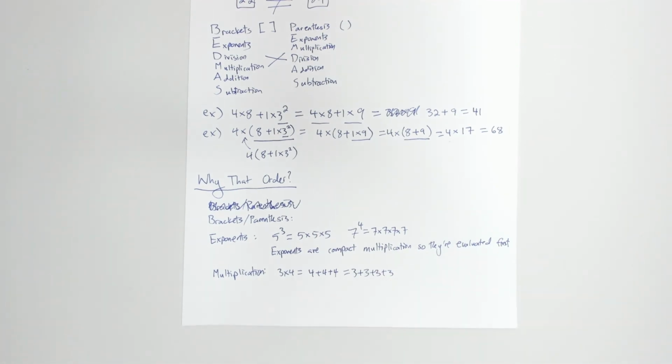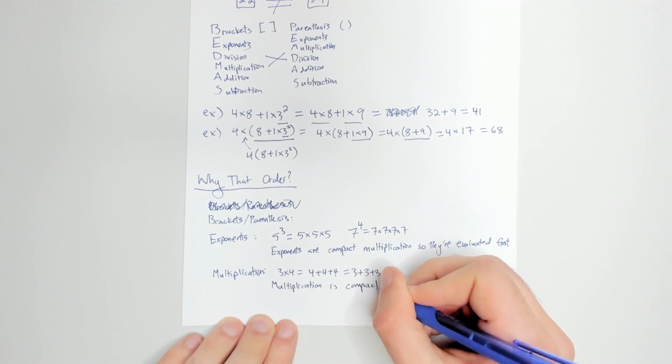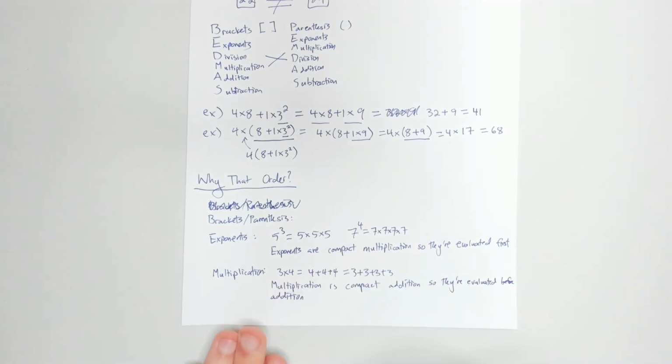But inside of multiplication, we get essentially a compact addition statement. So because of that, it makes sense to evaluate the multiplication first because that's doing a more complicated addition statement and then afterwards going back and evaluating all the simpler additions. So multiplication is basically compact addition, so it's evaluated before addition.